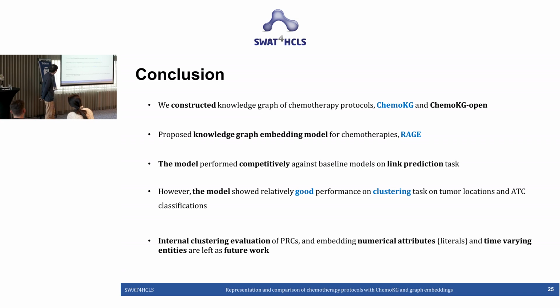And for the future work, there are still some problems with knowledge graph embeddings for entities, especially for literals like numerical attributes. Actually, we have time in the protocols, but it's not explicitly implemented in our model. So those are the future works. And also we're trying to do internal clustering evaluations as well.